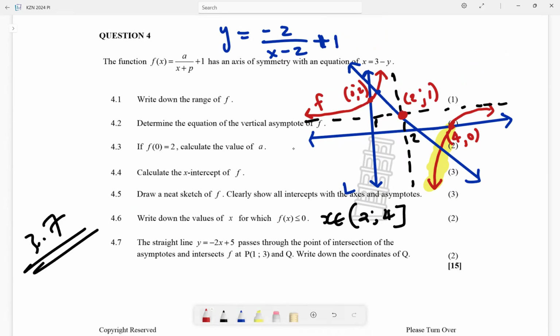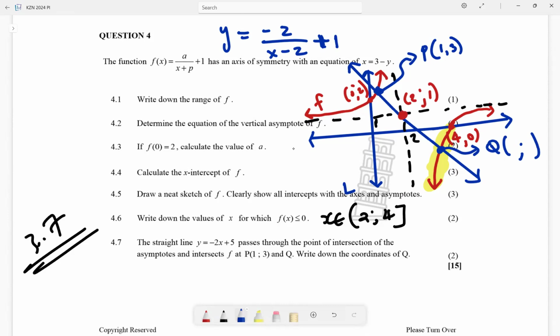This point here, somewhere there, is point Q, and we are told point Q is 1 and 3. It cuts here at a point which you call point P and cuts here at a point called Q, right? So this will be the midpoint between where it cuts.